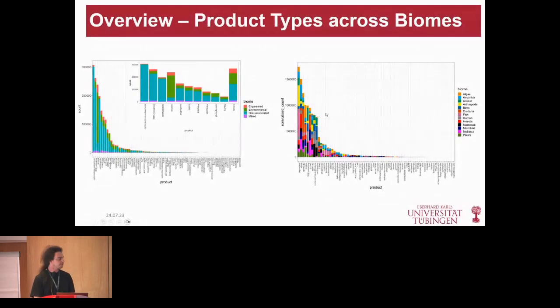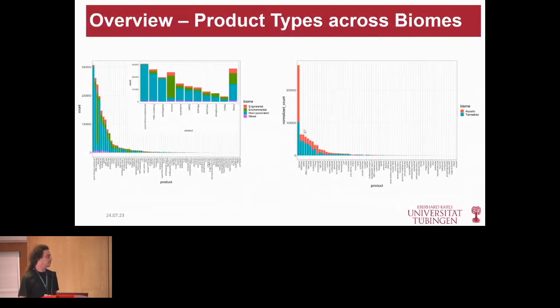The same goes for when we go further into host-associated samples and compare different hosts: we also observe differences in the type of products that each microbiome associated with a different host can produce.